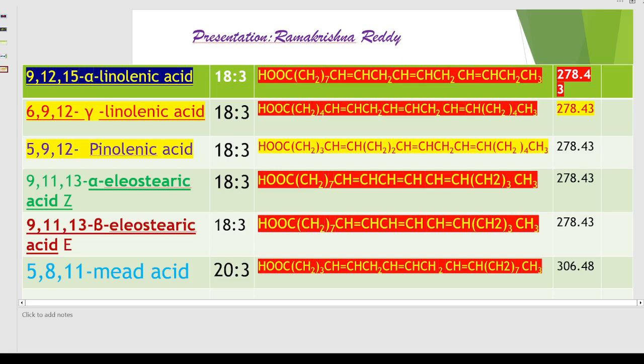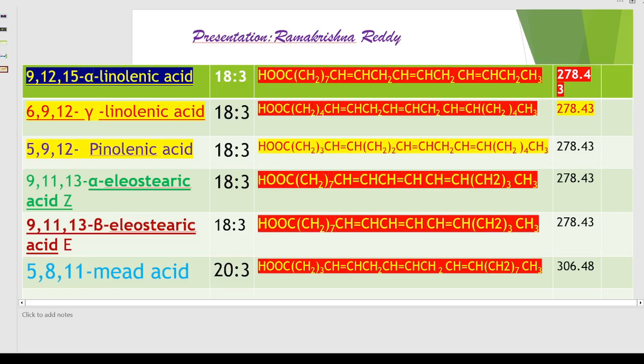Now this linolenic acid contains 18 carbons, but it contains three double bonds, and it is also known as an omega-3 fatty acid. Here, the three double bonds are present at 9, 12, and 15.